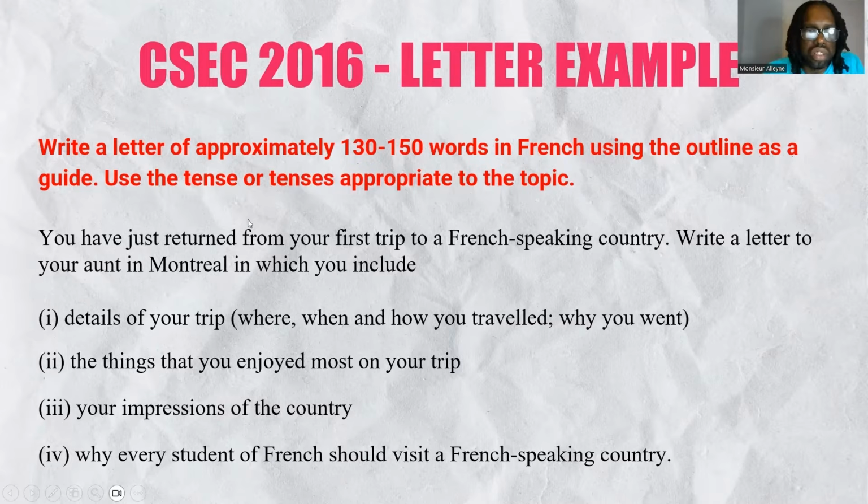All right. You have just returned from your trip to a French-speaking country. Write a letter to your aunt in Montreal in which you include 1, details of your trip, where, when, and how you traveled, why you went. Number 2, the things that you enjoyed most on your trip.